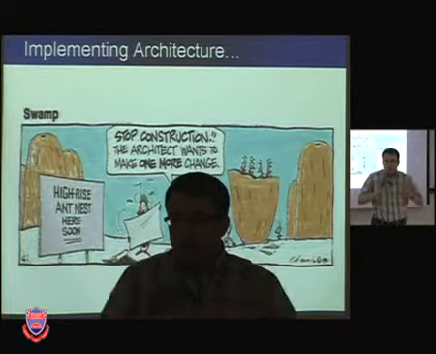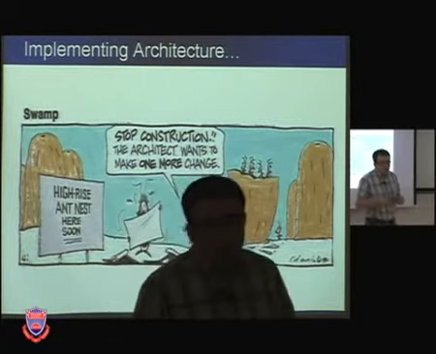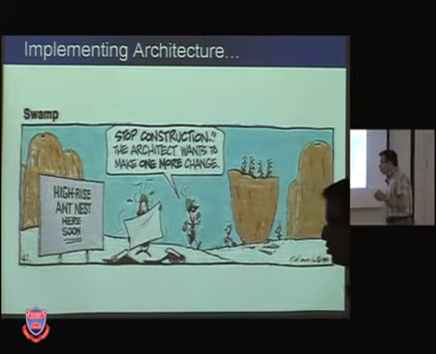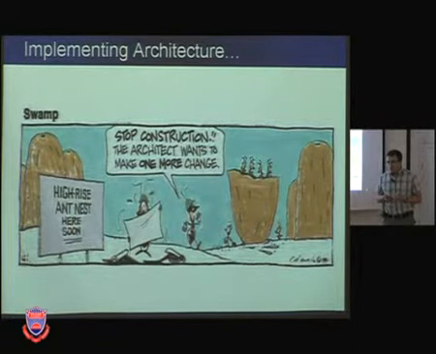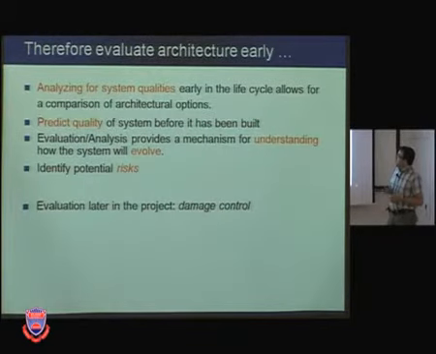Companies and organizations are in general very resistant to changing their architecture. So you should be sure that your architecture is stable beforehand, not afterwards. So you should analyze the architecture early on.